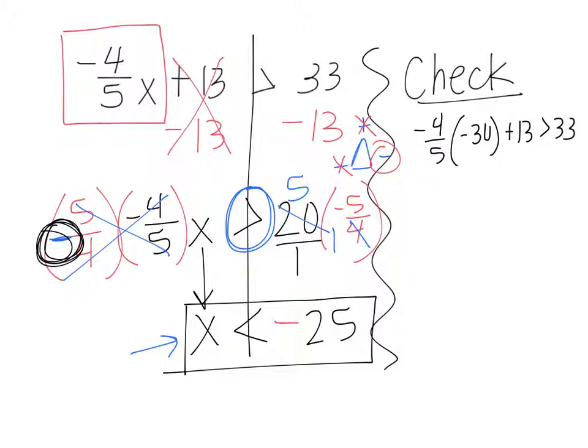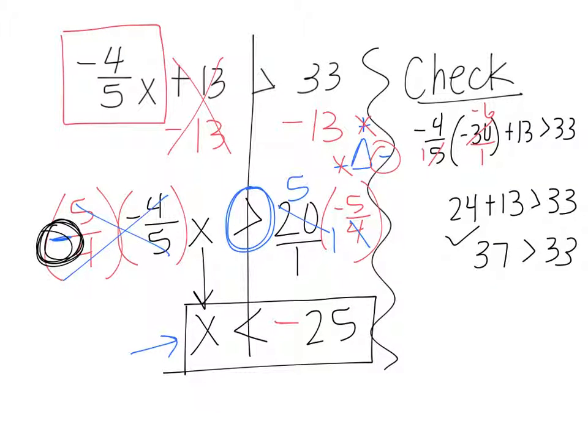So again, I'm going to practice this over here. 5 will go into negative 30 negative 6 times. So we have negative 4 times negative 6, which is 24, plus 13 has to be greater than 33. 37 is greater than 33, so we have picked correctly.